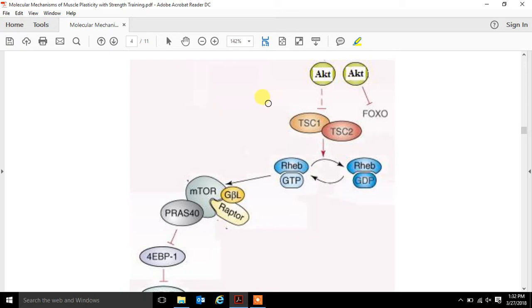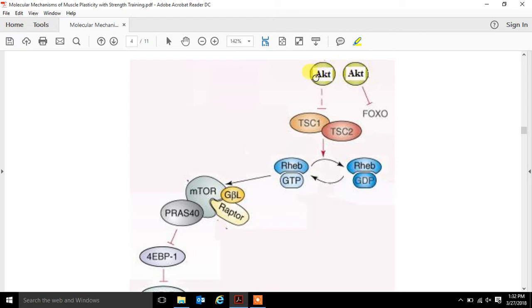So the way I like to think about this is kids on the playground. This complex is the bully on the playground, and it's keeping Rheb over here in this corner where it can't do anything. It's inactive here. This is the bully. It's preventing Rheb from doing what it wants to do. AKT is the school teacher.